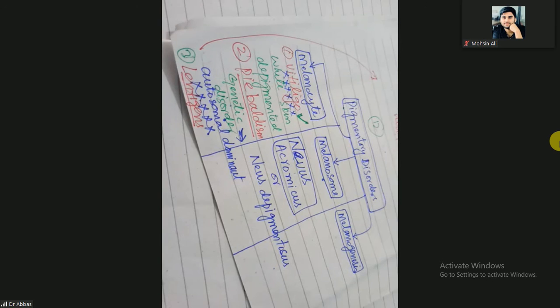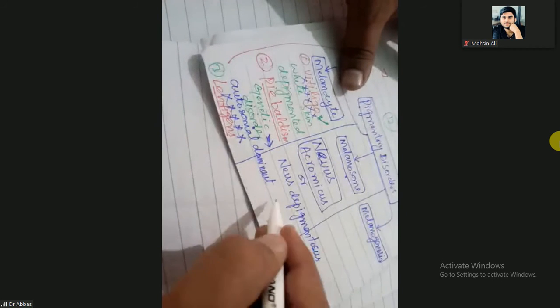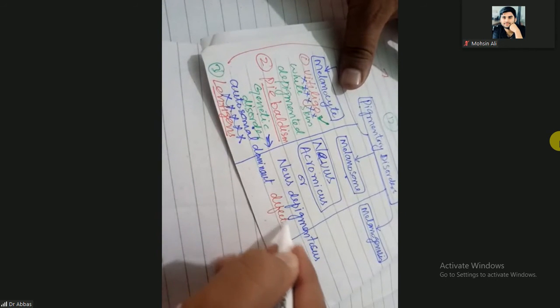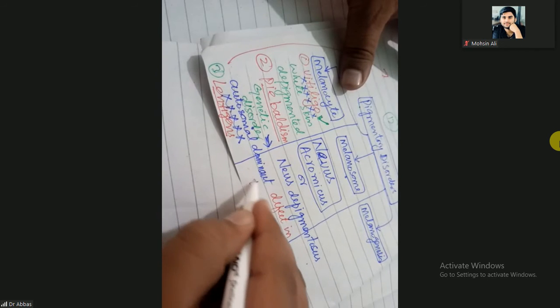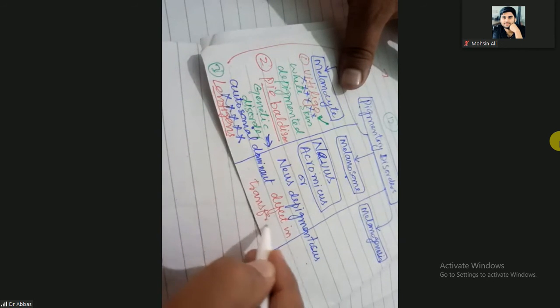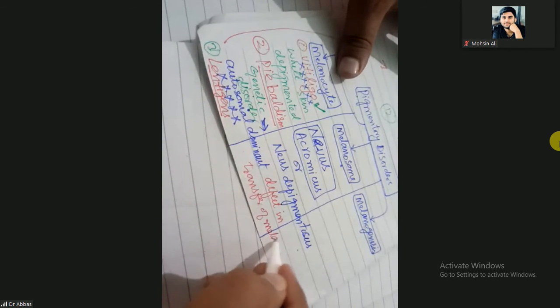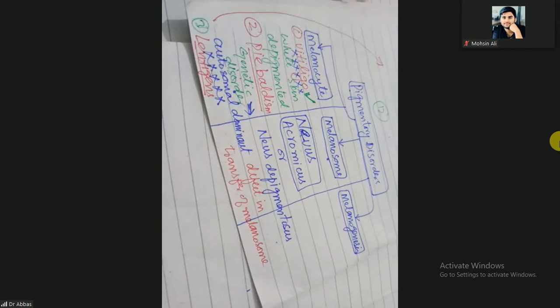What is the defect here? The defect is in the transfer of melanosome. Melanosome will not transfer to the keratinocytes.